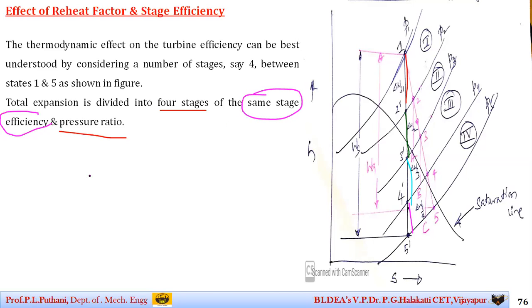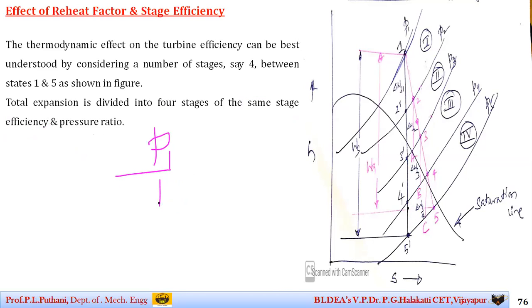It doesn't change. So, for example, for the first stage, the pressure ratio is P1 by P2, sorry, it should be P1 by P2 for the first stage. For the second stage, it should be P2 by P3. Like this for the other 2 stages we are writing.